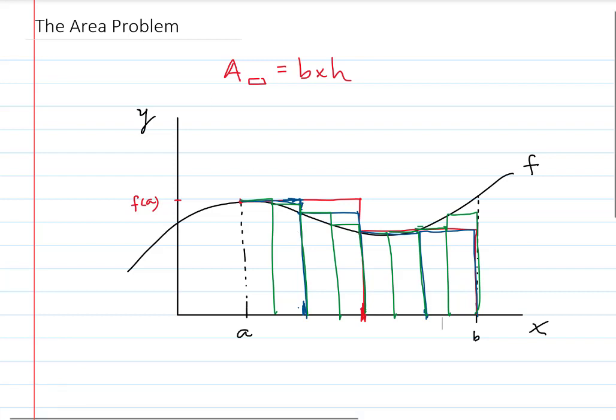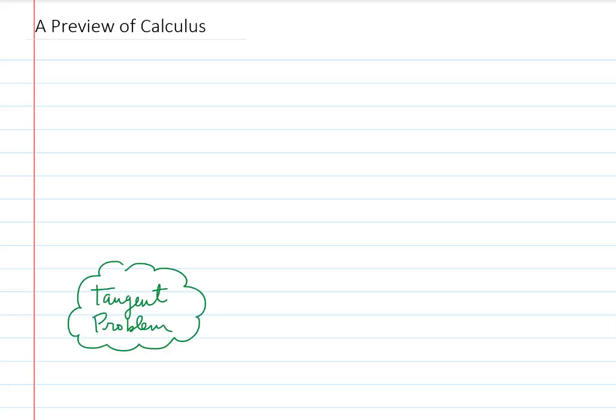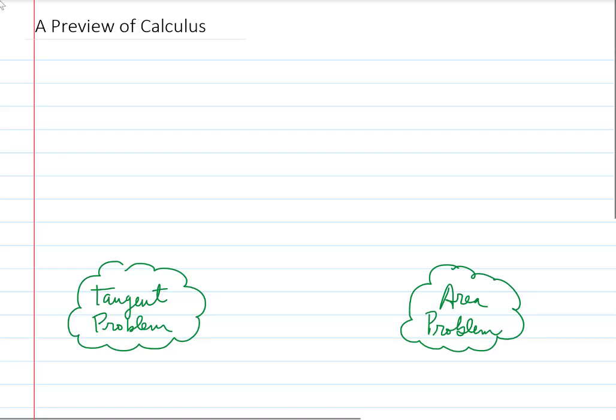So I want to finish here with just a little chart. We have now the tangent problem, right? And then we have the area problem. So basically this tangent problem sort of gave birth to this branch of calculus we call differential calculus, right?